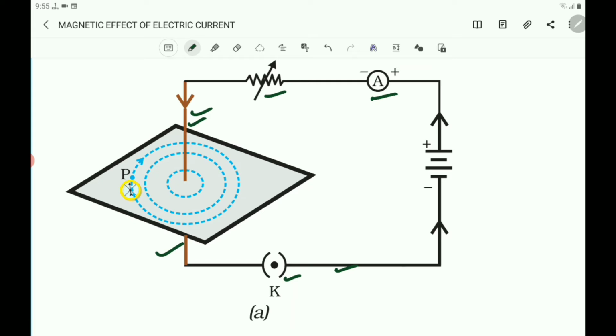You take all these materials. Which are the materials needed here? Rheostat, ammeter, 12 volt cell, a thick copper wire, plug key and connecting wire.